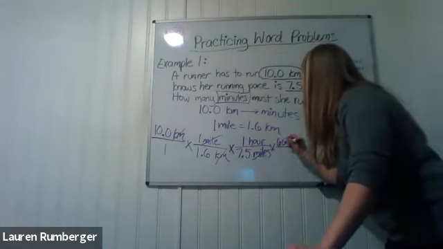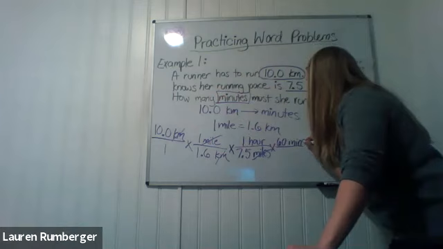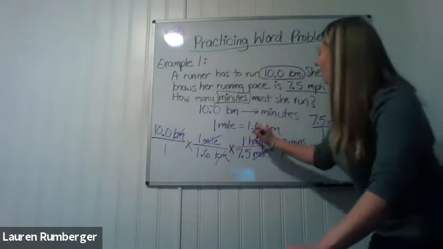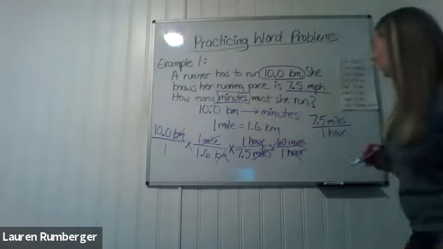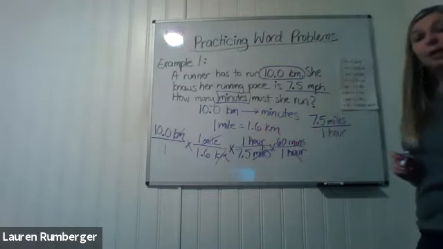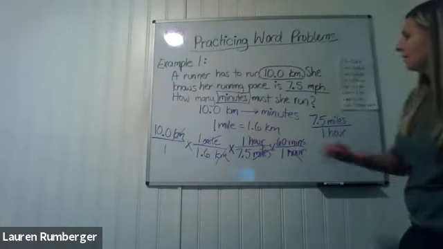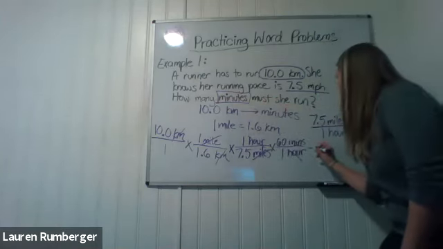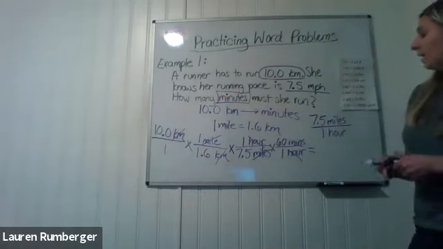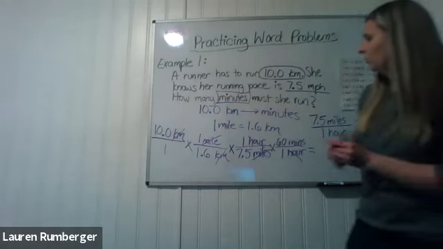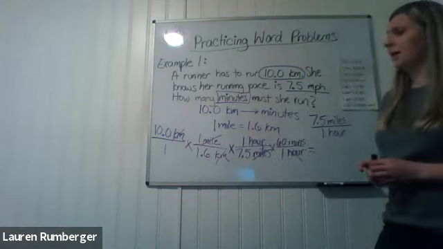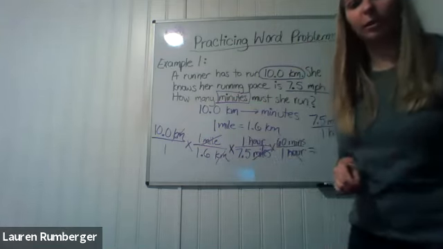There are 60 minutes per 1 hour. That allows us to change our units of hours to give us our final units of minutes. How many minutes must she run? Now that you recognize units have canceled properly diagonally, now we can do our math using our calculator.